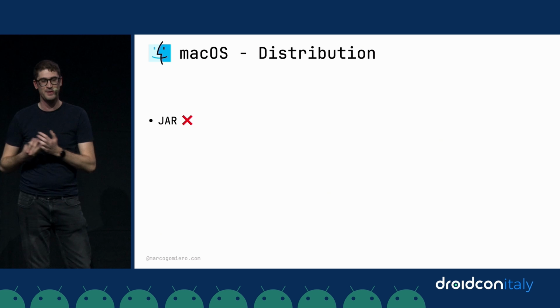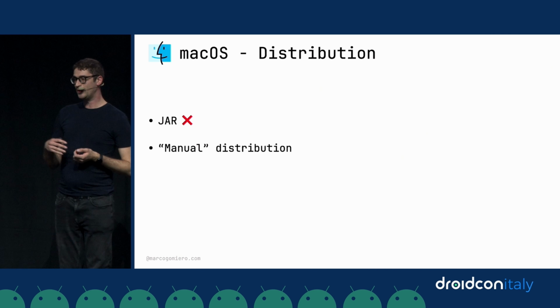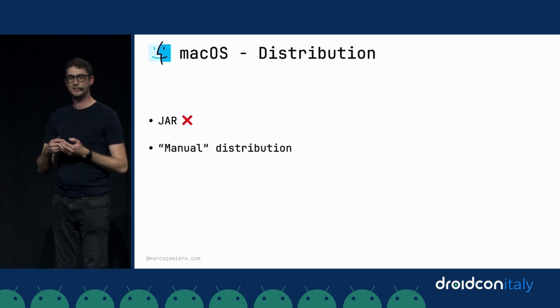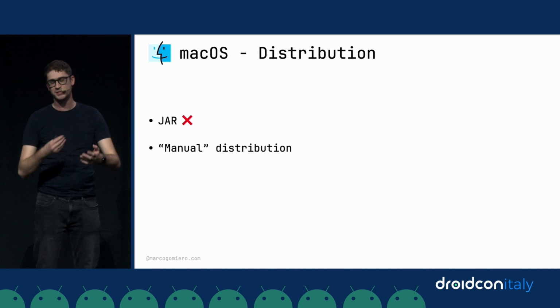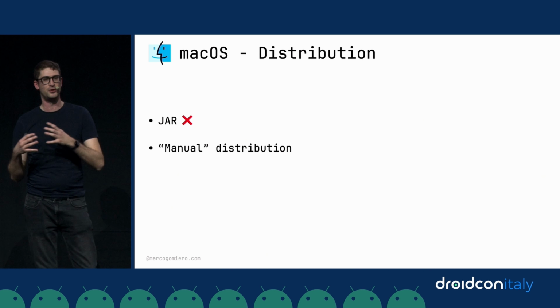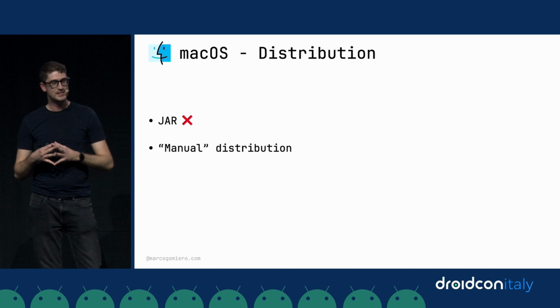So the other way is manual distribution. You're going to have to handle the distribution yourself, so you have to put your app somewhere, on a website, in a storage, or whatsoever.